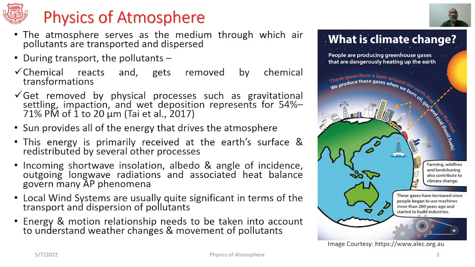As we are trying to study about the interaction of the matter with the energy, the energy required for all these particular interactions is provided by the sun. The solar energy is primarily received at the Earth's surface. However, it is redistributed by several other processes. The solar radiations, which are in the form of short waves, are termed as insolation.